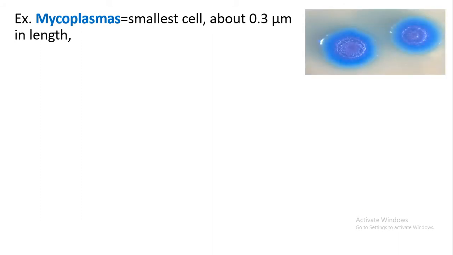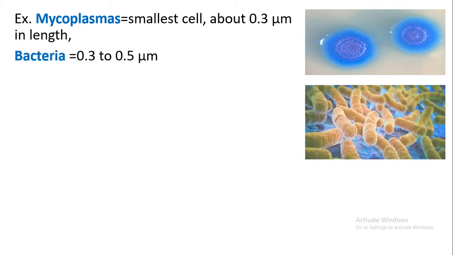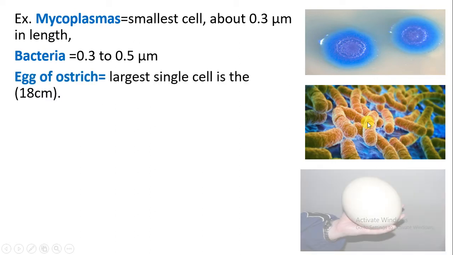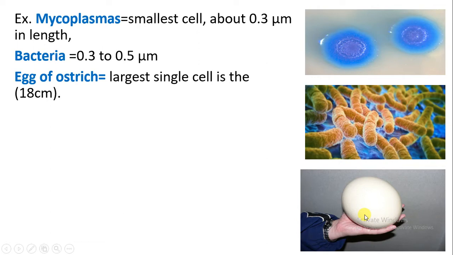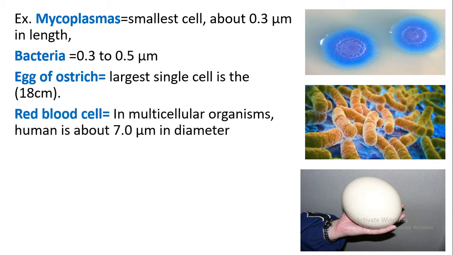It is the smallest cell and its length is about 0.3 micrometer. Next, like the bacteria, its size is like 0.3 to 0.5 micrometer. Then comes another cell, like the egg of an ostrich. It has a size of about 18 centimeter.